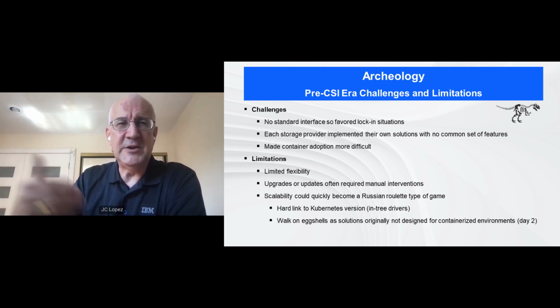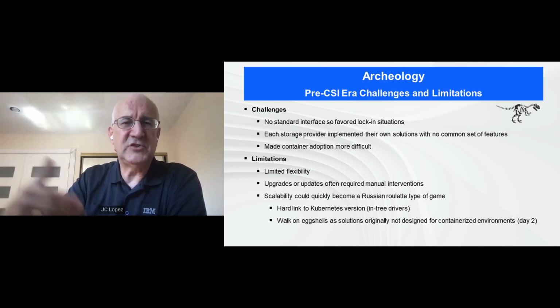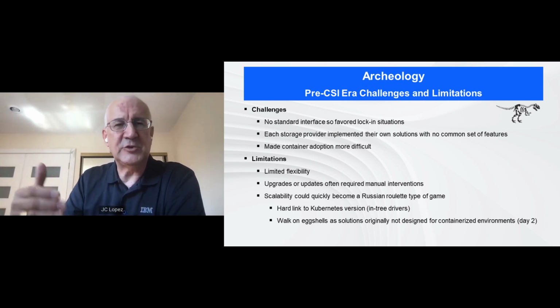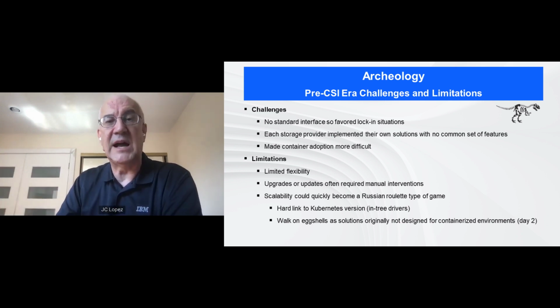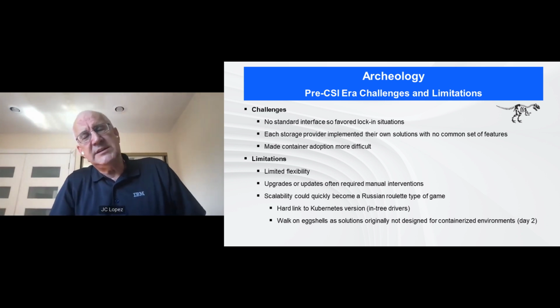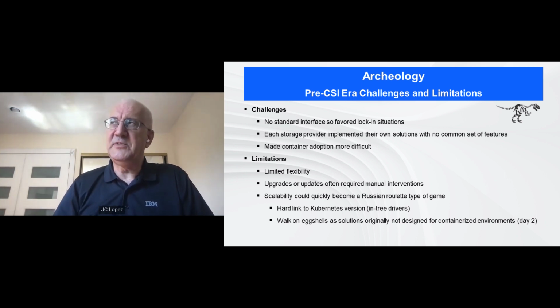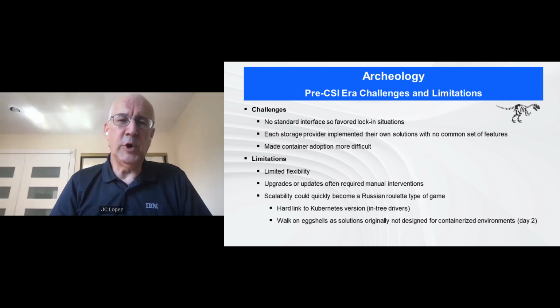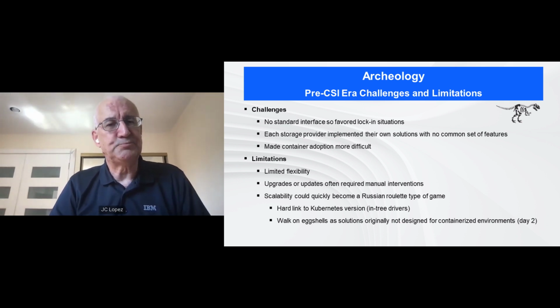You could not find an easy way to have the same features somewhere else. Each storage provider implemented their own features and had nothing in common with the others. So it made container adoption more difficult, specifically for stateful applications. Stateless applications are a different world, so we won't talk about those here.